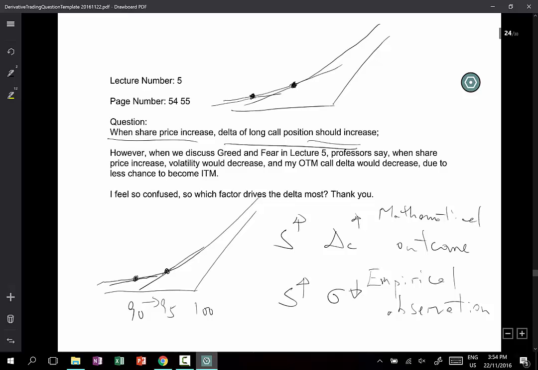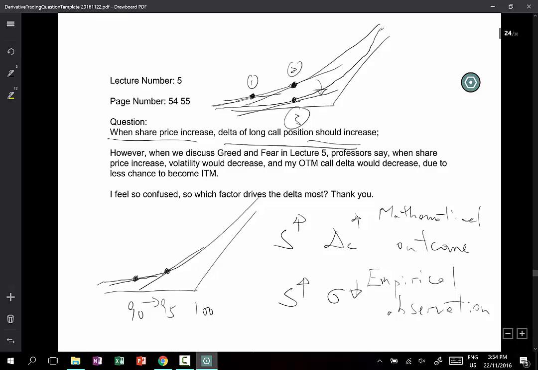But simultaneously, because of a drop in vol, your option payoff curve might look like this instead. Both things are happening at the same time, so it steepens and then it flattens again.